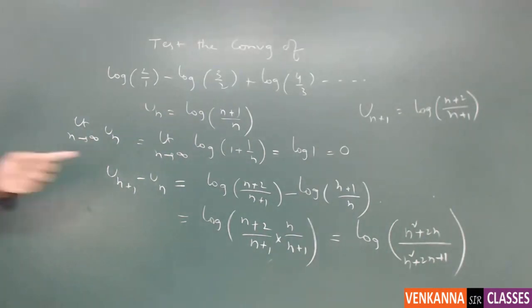If I prove that the value inside the logarithm is less than 1, then whenever a value under the logarithm is less than 1, the log value will be negative, isn't it?